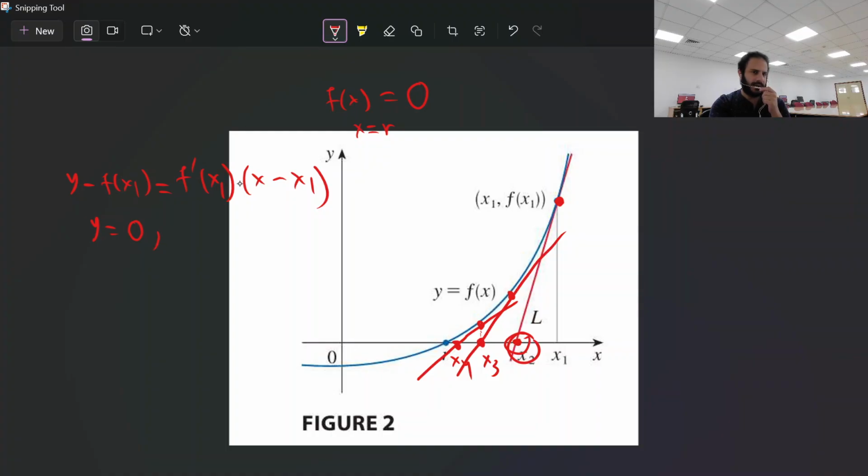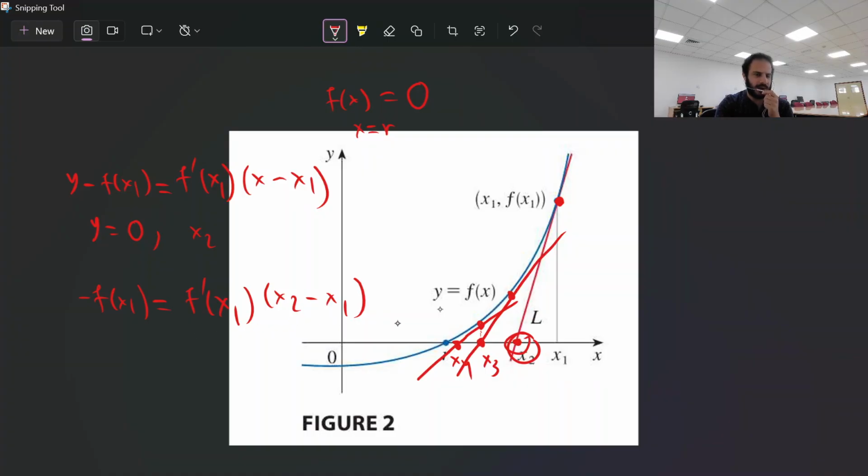And we know that the x-intercept is x2. So instead of x, put x2. Instead of y, put 0, okay? So you get minus f of x1 equals f prime of x1 times x2 minus x1. I want to solve for x2.